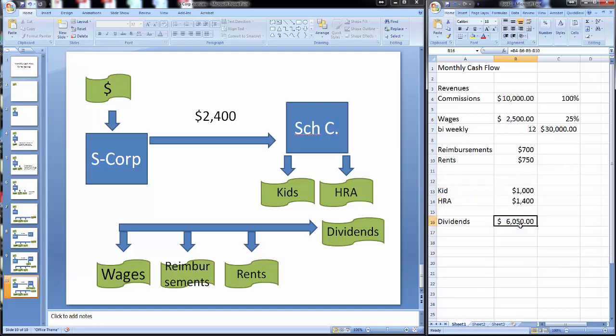So what we're going to do is reduce the dividends by these two numbers, because now we have more tax-free earnings, more tax-free distributions from the company. In this case, we're now down to $3,600 of dividends. Now this probably is a lot. We covered quite a lot in 20 minutes, so you might want to go back and review this a couple times.